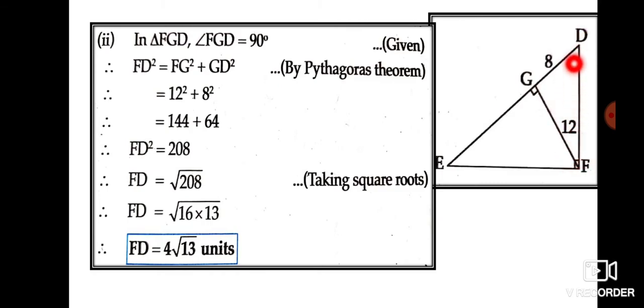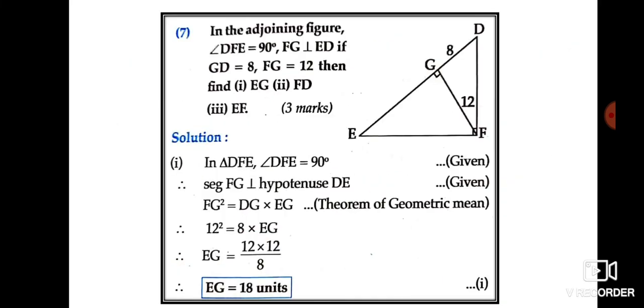So you have FD square is equal to FG square plus GD square. By Pythagoras theorem, you are going to find 12 square plus 8 square. So FD square is equal to 208. So FD is equal to square root of 208. By factorization method, that is 16 into 13, that is 4 root 13.